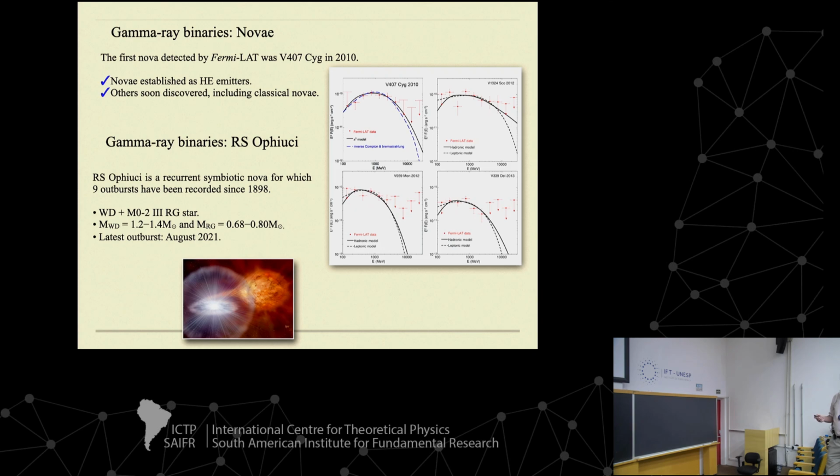So you see that the maximum energy is just scarcely above 10 GeV. And then several other systems were located, but then recently H.E.S.S. detected TeV emission from this symbiotic nova, RS Ophiuchi.